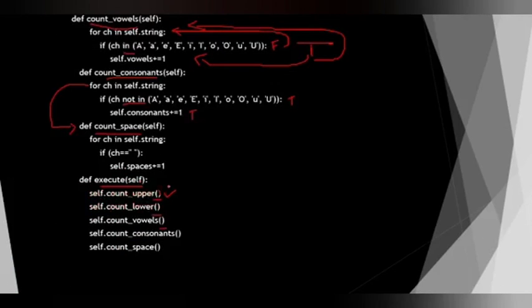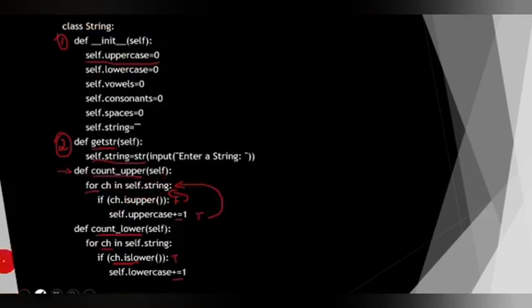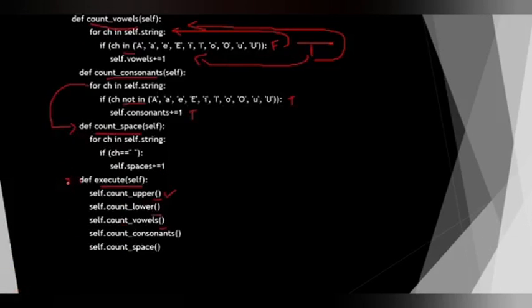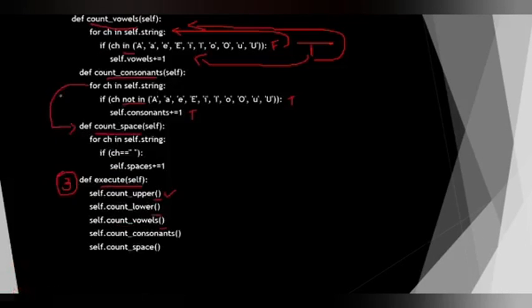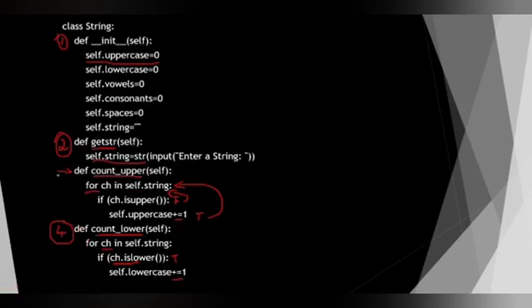So again, count_upper is executed. That is, the third time the execute function is executed, all other functions are executed from it. What is the first statement? Count_upper, so the count_upper function is executed next. After its execution, which function is executed? Count_lower.